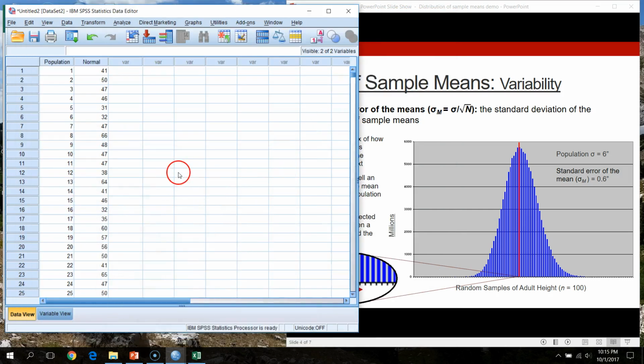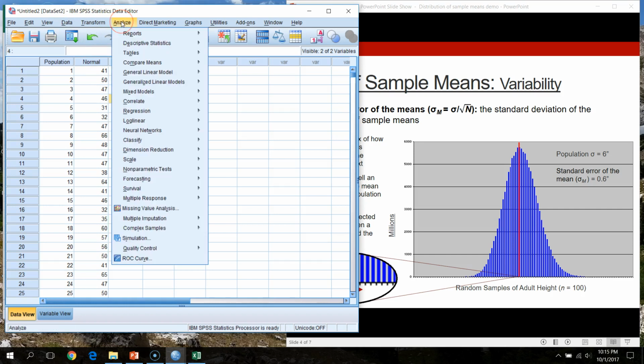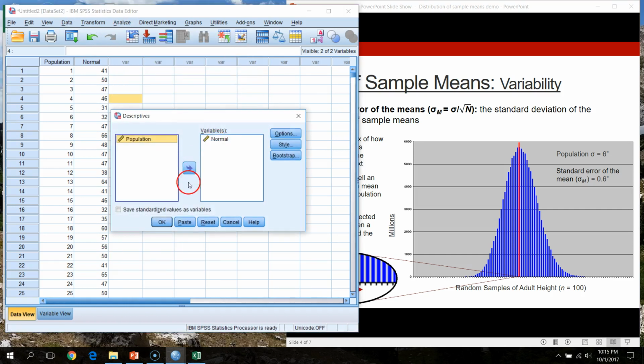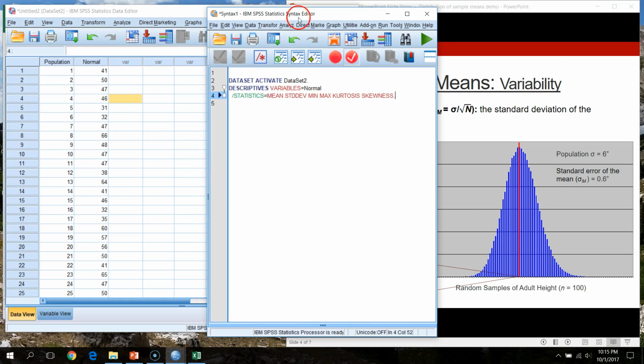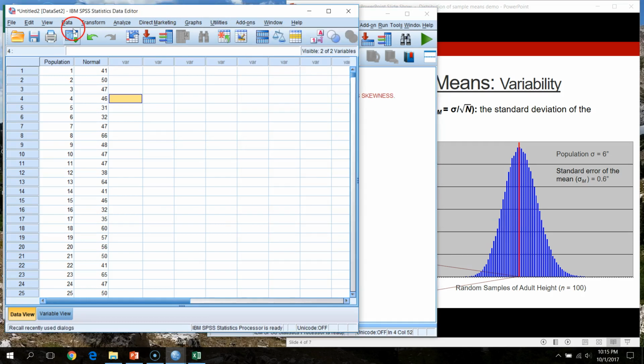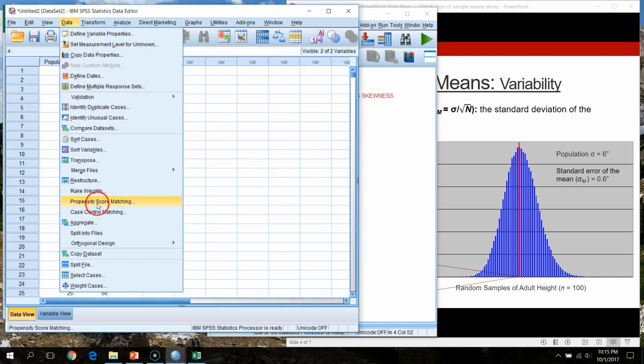Now I want to paste that into a syntax file. Of that population of 1,000, I want SPSS to randomly select samples of 30.